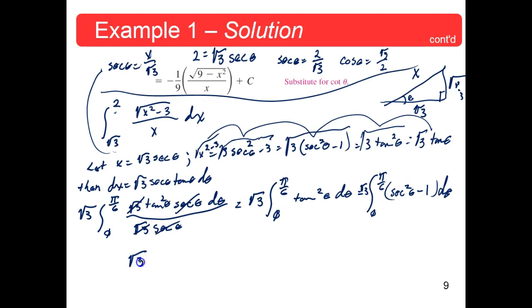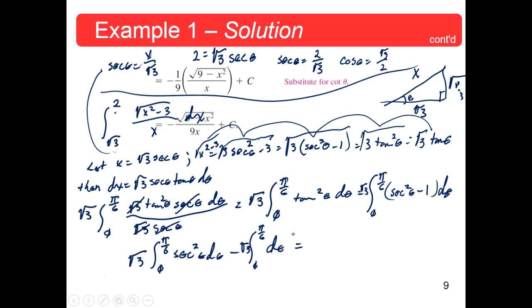So this is root 3 times the integral from 0 to pi 6, sorry about that, of secant squared theta d theta minus root 3 times the integral from 0 to pi 6 of 1, or just d theta, right?